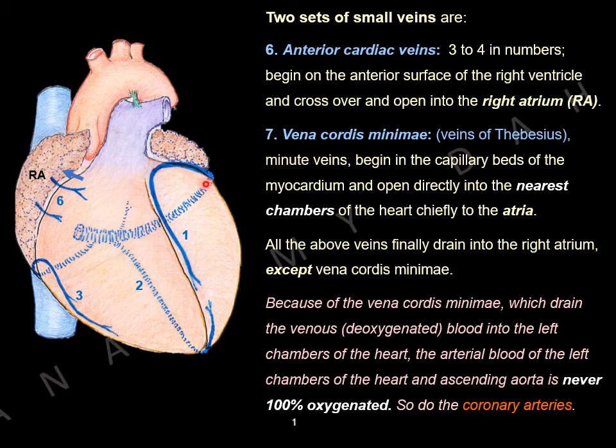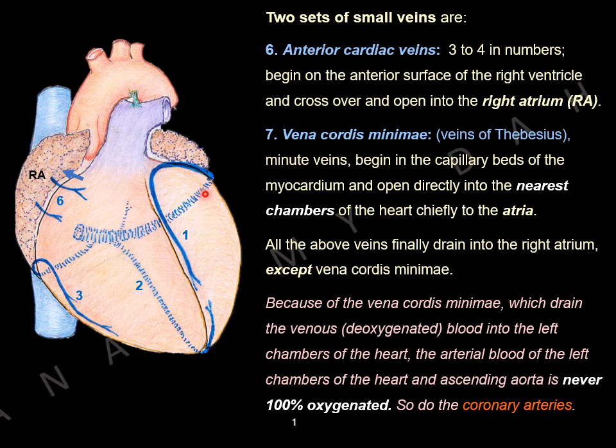As you know, left atrium and left ventricle contain oxygenated blood because they come from the lungs. But some vena cordis minimi enter the left atrium and left ventricle, bringing deoxygenated blood.